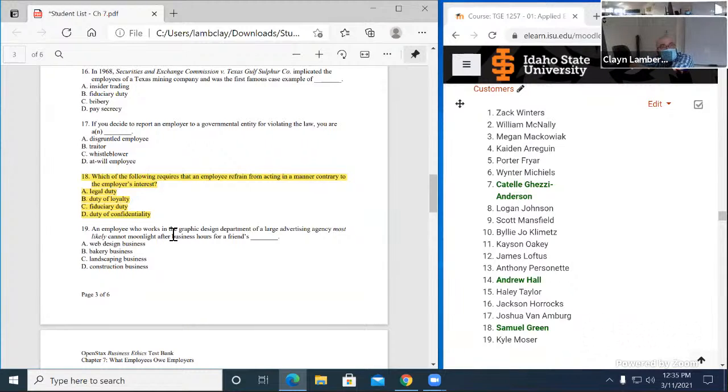So it says, which of the following requires that an employee refrain from acting in a manner contrary to the employer's interest? And I said B, duty of loyalty. Okay, so this gets tricky. My goal is to work in the company's best interest, right? And so I have to, as an employee, judge what's in the company's best short-term interest and long-term interest.